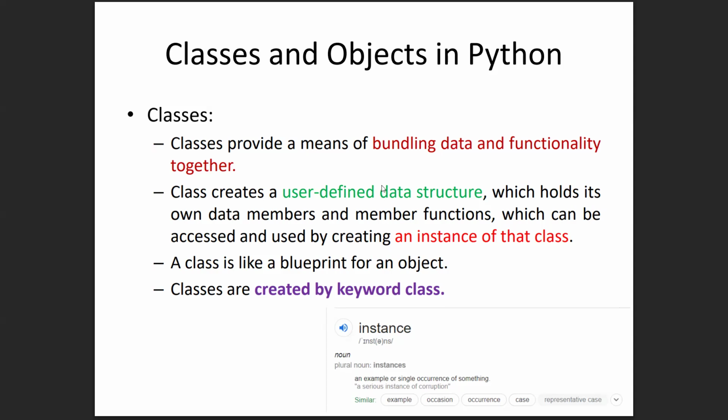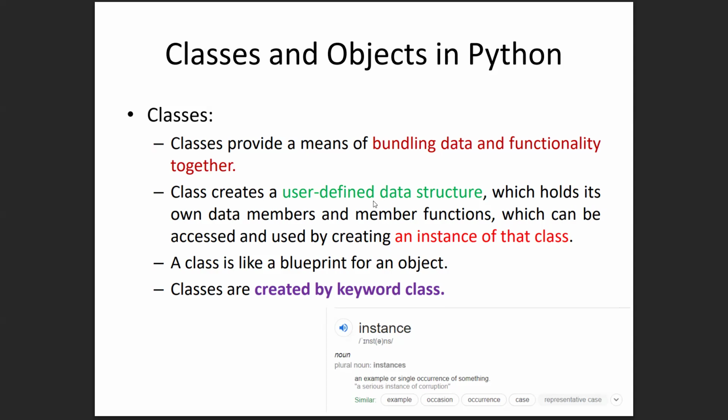Attributes can be accessed by using the dot operator. If you want to access any attribute of the class, you need to use the dot operator.